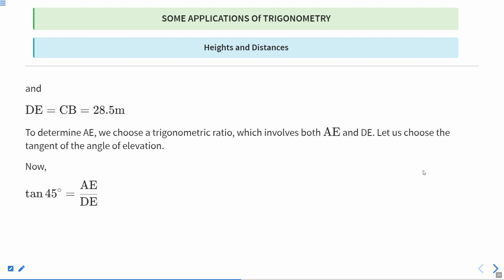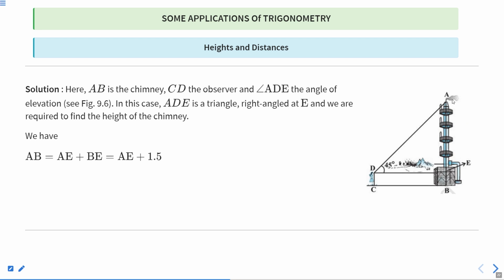So to determine AE, we choose a trigonometric ratio which involves both AE and DE. So let us choose the tangent of the angle of elevation. Now tan 45 degree is equal to AE by DE.